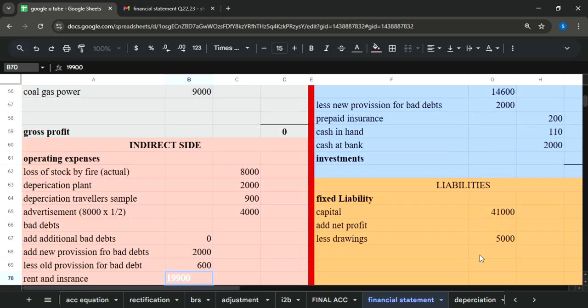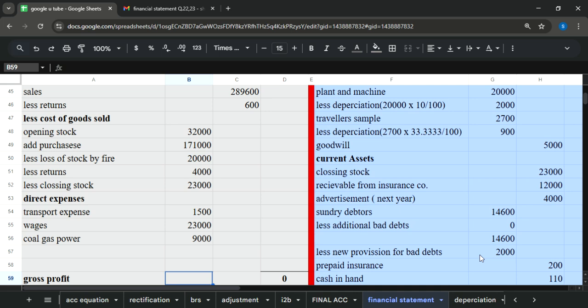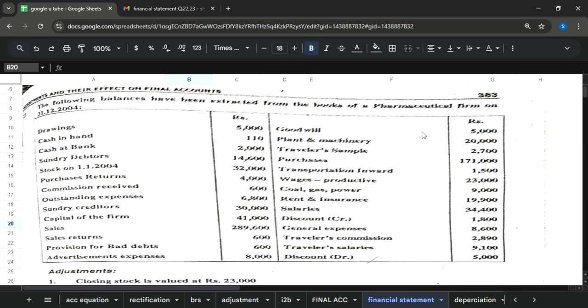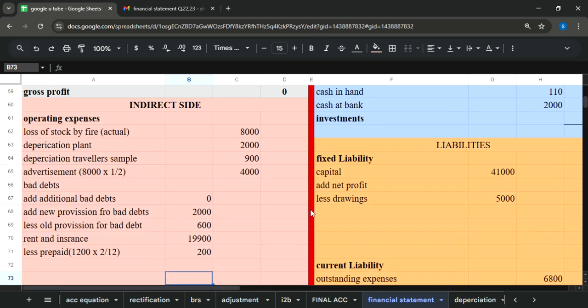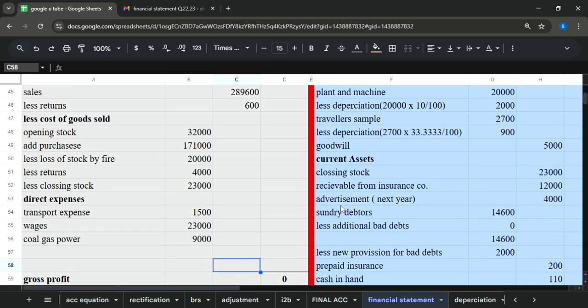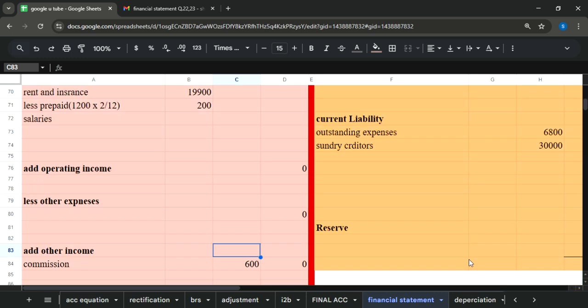All right, so we have completed insurance, after which we have salaries, part of operating expenses. Mention over here. Amount of salaries 34400.